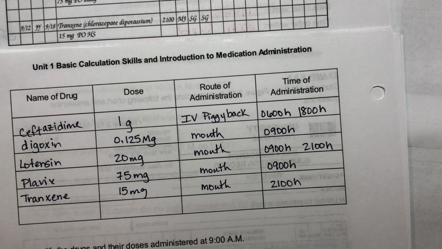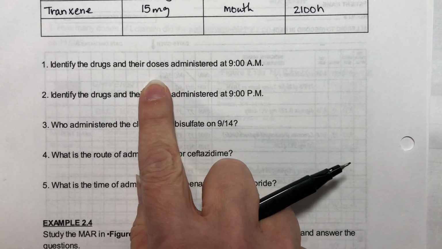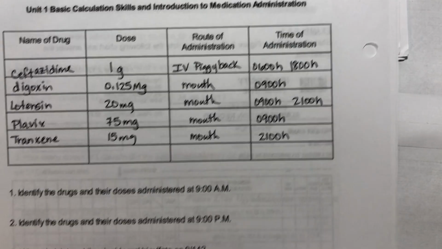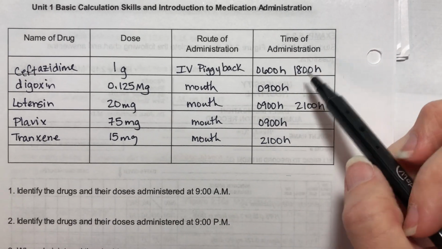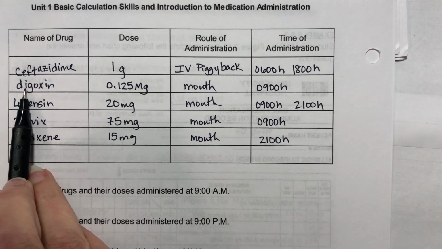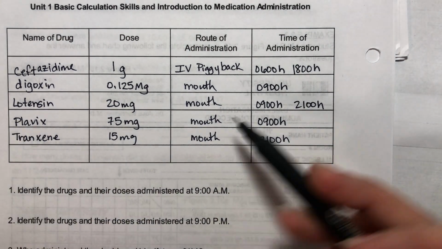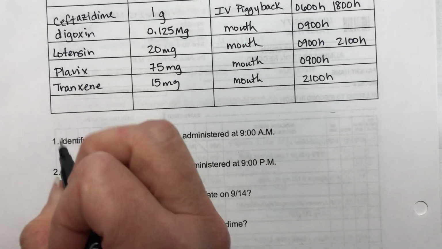Now for the rest of it. We are asked to identify the drugs and their doses administered at 9 a.m. Well, 9 a.m. is 0900 hours, and Digoxin, Lotensin, and Plavix were given at 0900 hours.